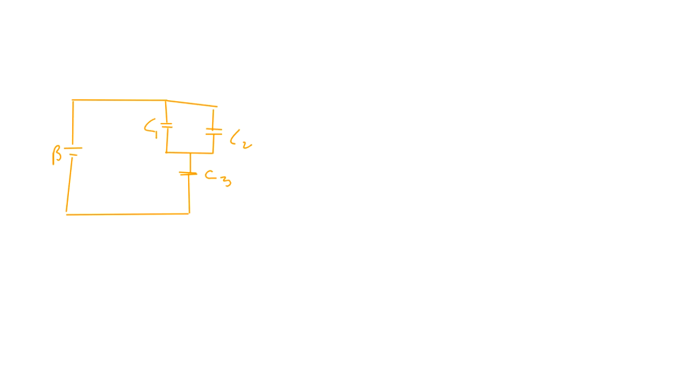Okay. Let's make sure that's true. So C1 and C2, they both connect to C3, and they both connect to the positive terminal of the battery, so that looks good.